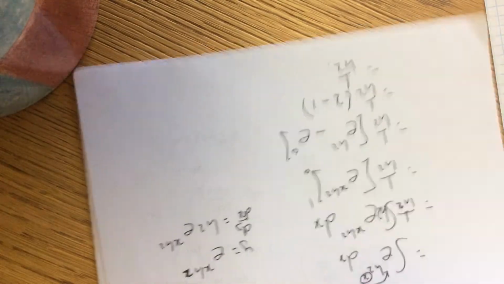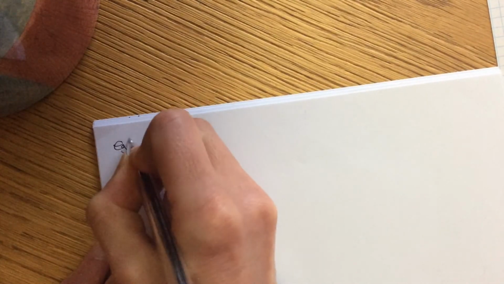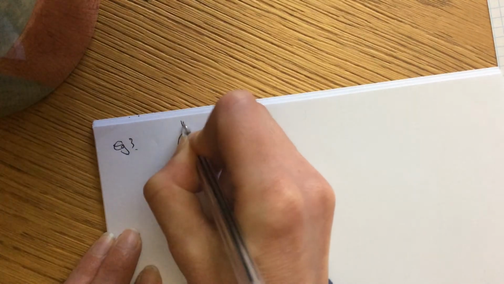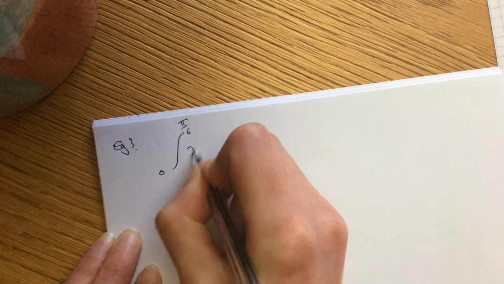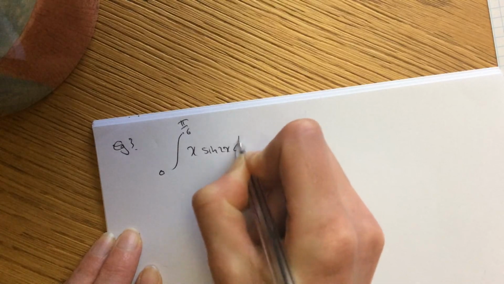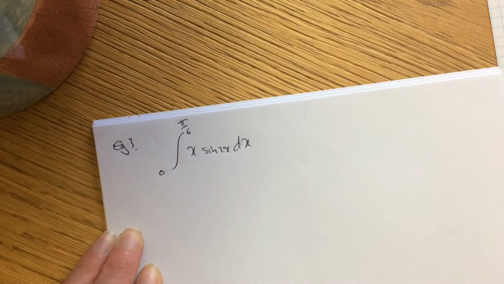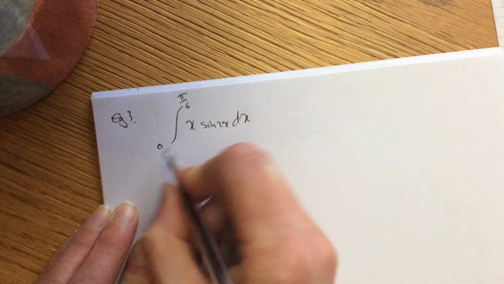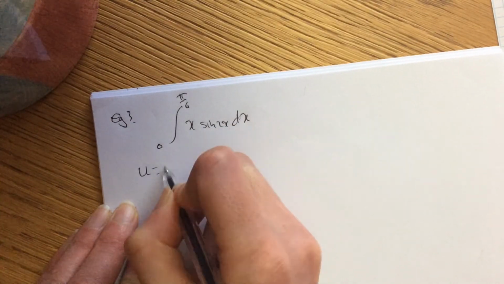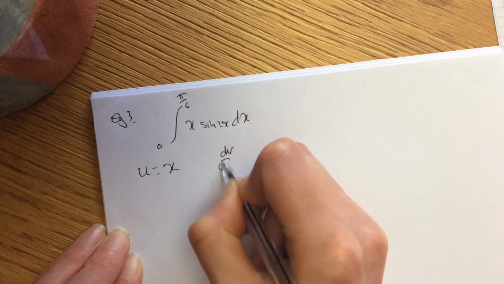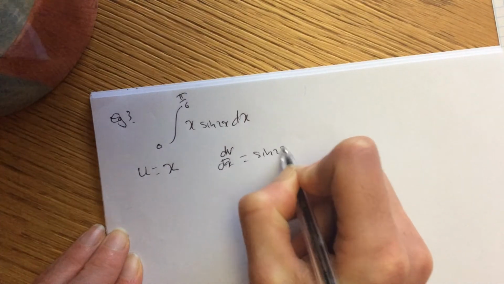Okay, let's get this paper here to write on, and we'll do example 3. So we've got limits, 0 to pi over 6, x sine 2x dx. Hopefully you're spotting there, it's a product rule. And u is the easier one. So u is x, dv by dx is the other one.